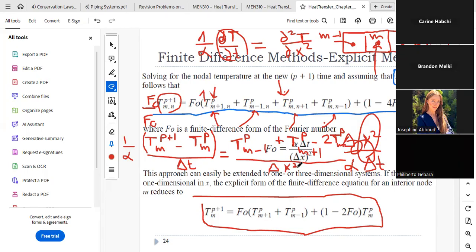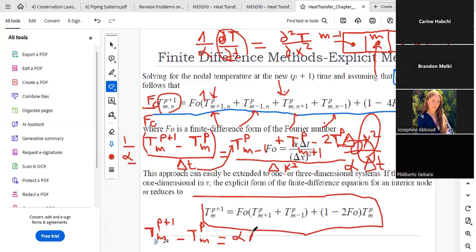Now if I take delta t to the other side, so I multiply by delta t and by alpha, I get the following equation. I get T m P plus 1 minus TPM equals alpha delta T over delta x squared.